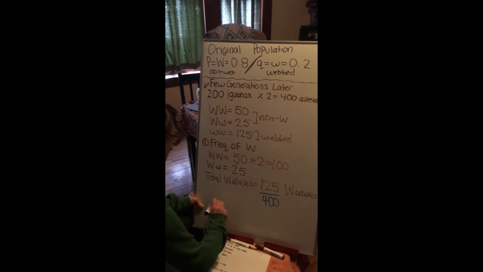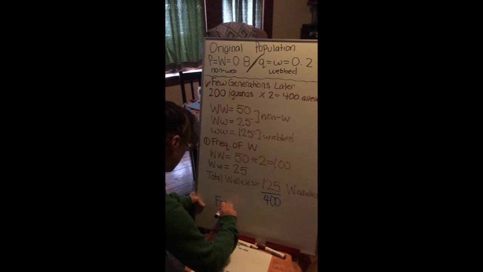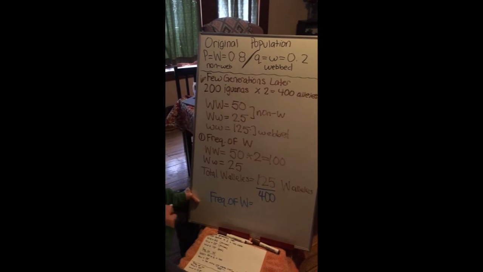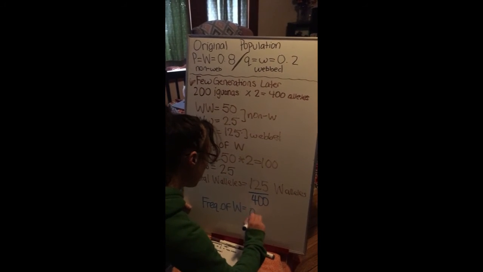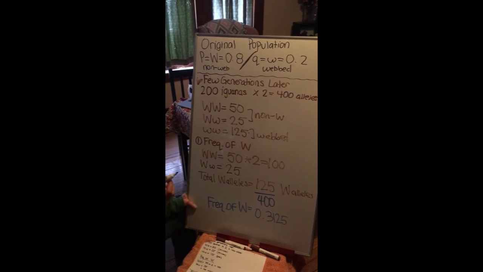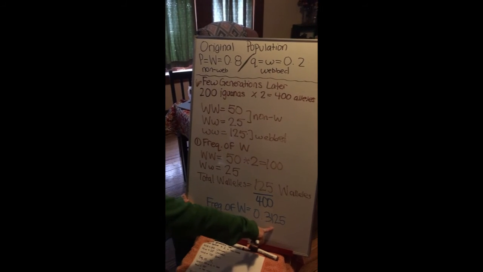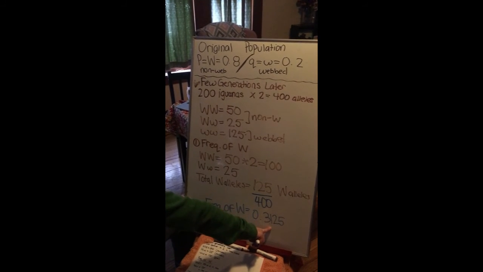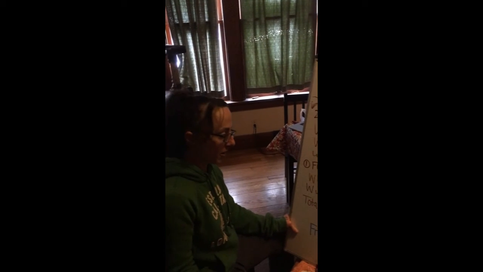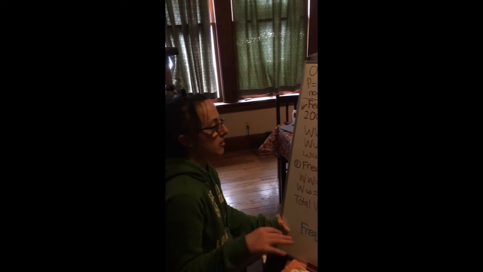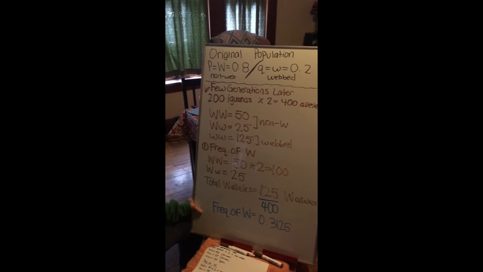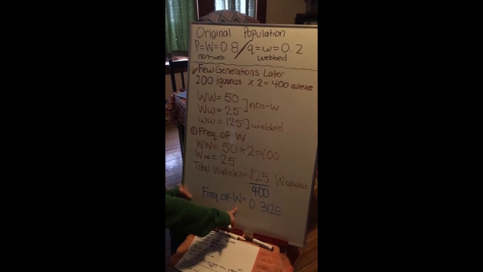And so now the frequency of my dominant allele in my future generation is equal to 0.3125. We could either stop right there or continue on, but just right there we can compare my future generation versus my original generation to see if the frequency of that dominant allele is the same or different.